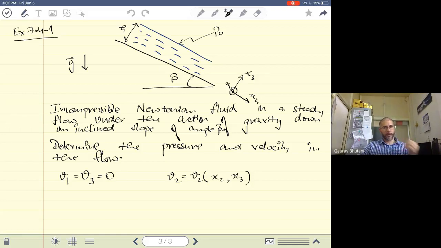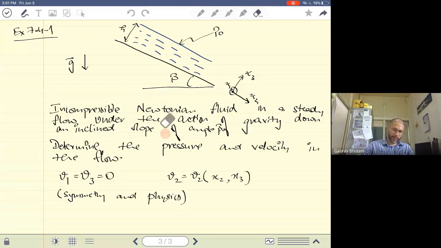It will simply flow down the incline, and it may change depending on the height from the base of the plane. So that's applying the symmetry. We call it using symmetry and physics.